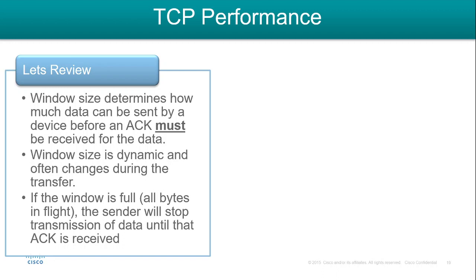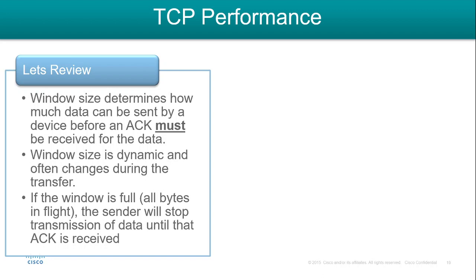Now, what we care about when it comes to window size is that if the window becomes full, meaning the window size tells the client how much data can be sent before an ACK must be received. So clients are constantly going to be sending data, and they're keeping track of how much data has gone unacknowledged.